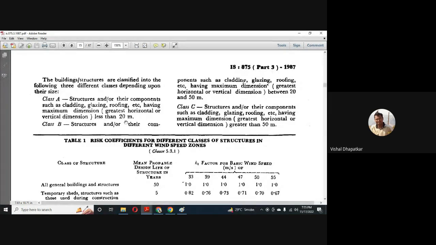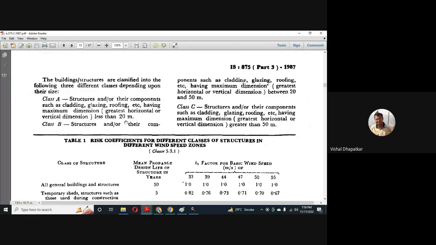Sometimes we may have architectural cantilevers. If those are less than 20 meters in any direction, then we consider it class A. For class B, the same components, if those dimensions are between 20 and 50 meters, we consider it a class B type. And class C is the structure where one of the components, either horizontal or vertical, is greater than 50 meters.